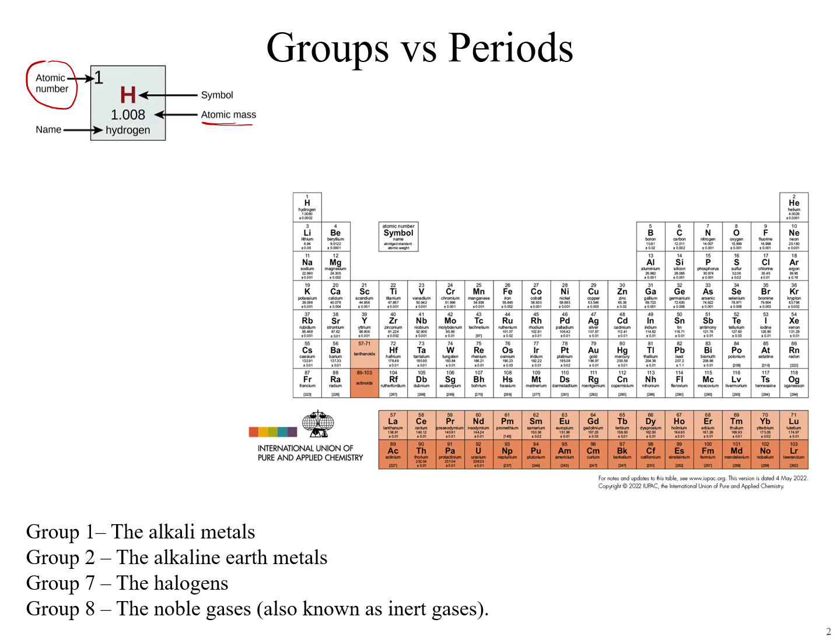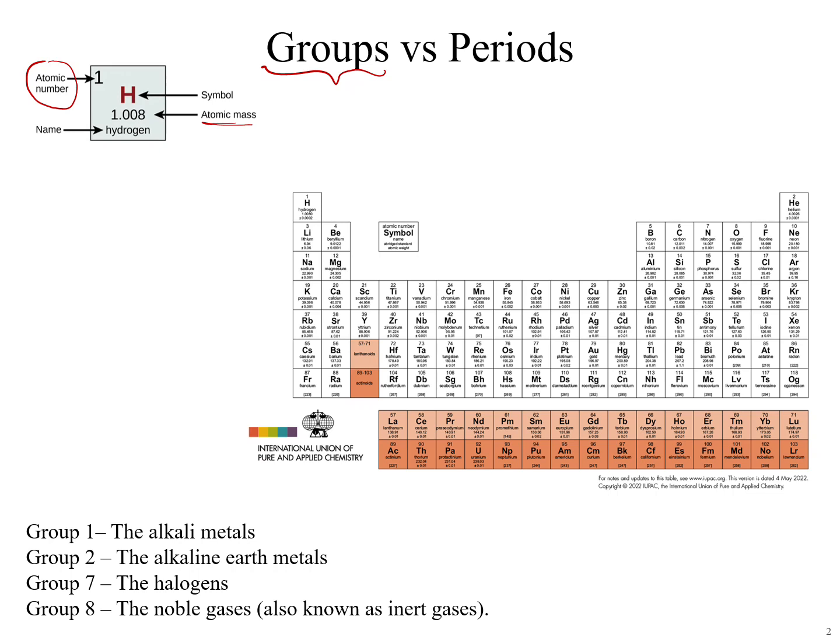So I mentioned that the elements on the periodic table are divided into the main groups and the transition metals, right? And also that we have what is known as periods and groups. The groups on the periodic table are vertical columns. The periods, they go across the periodic table.